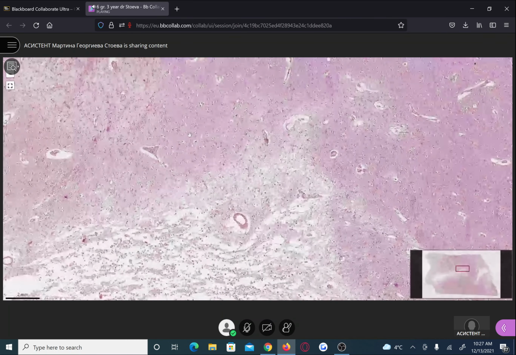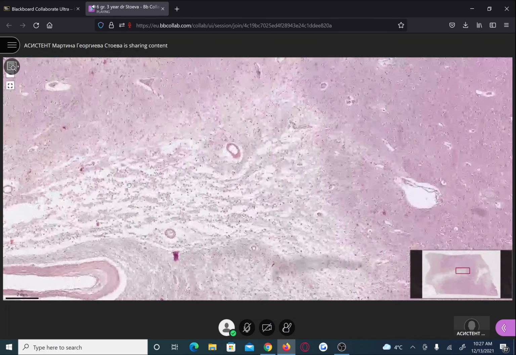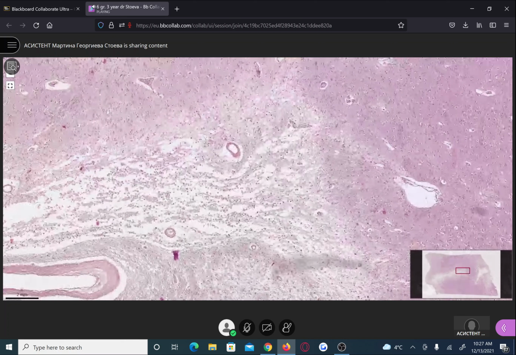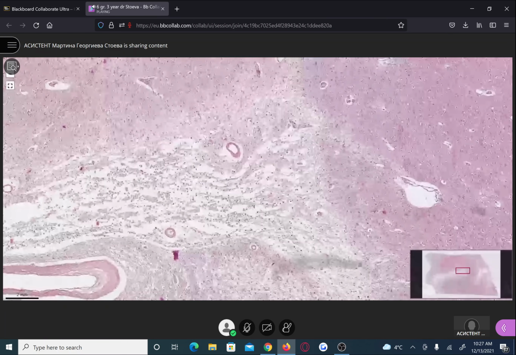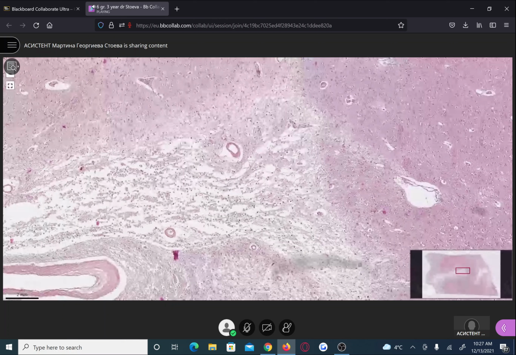But here the necrotic debris, the necrotic area is completely removed and only macrophages are left, which means that it's an old one. Otherwise, in the early stages, we can always find the necrotic parenchyma, doesn't matter which organ it is, but we can see the necrosis of the cells.